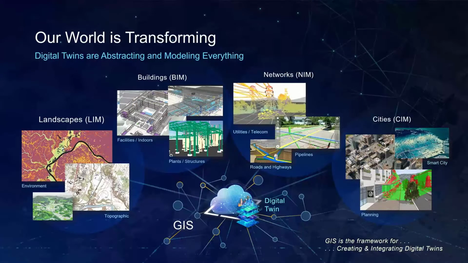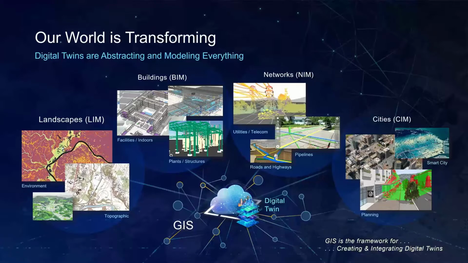So when we look at digital twins and how it's transforming what we do, we start to think about ways that Esri is already playing in the realm of digital twins. So we do a lot of landscape information modeling. We've been doing this for many, many years and playing a big role, bringing together understanding of the landscape, topographic, and environmental world around us.